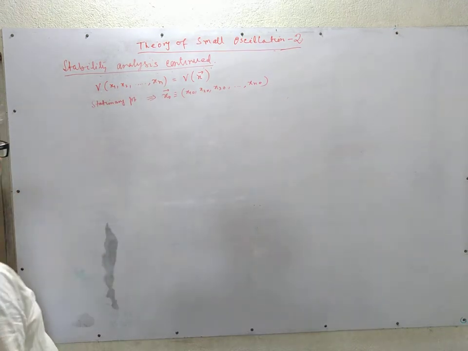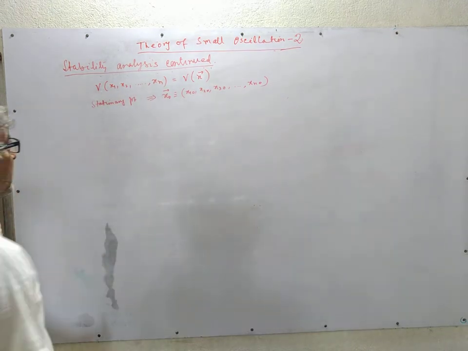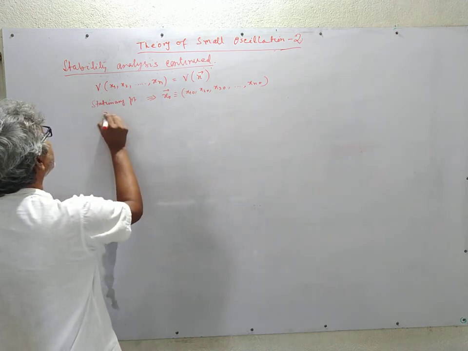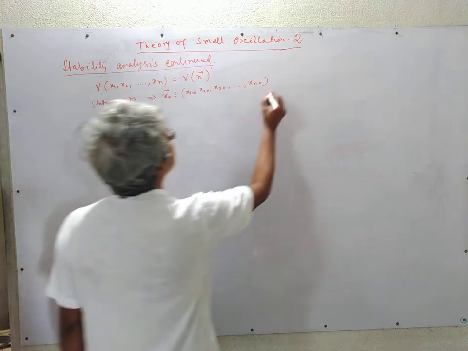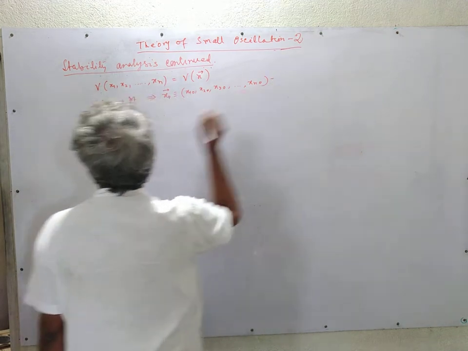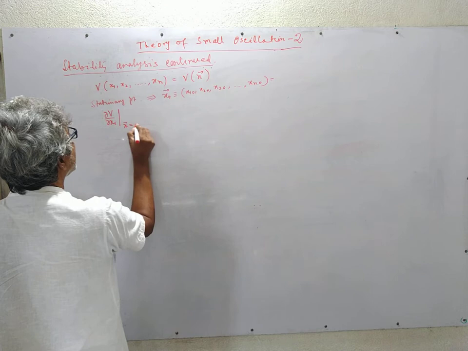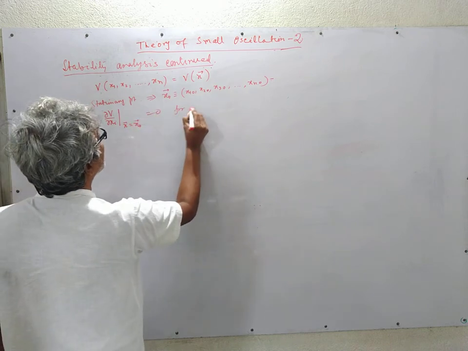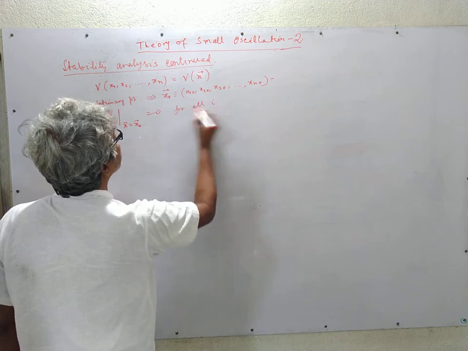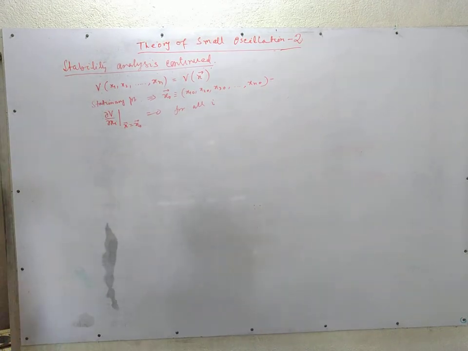So what is the characteristic of this stationary point? At x equal to x0, del V del xi is 0 for all i in the range 1 to n. This is the definition of a stationary point.